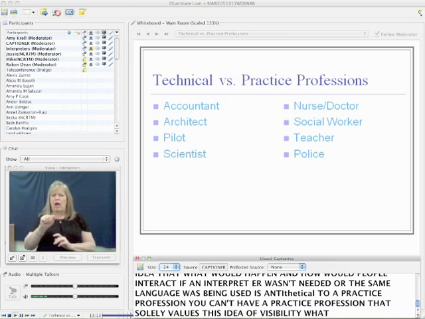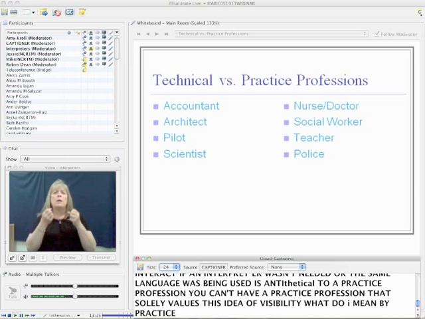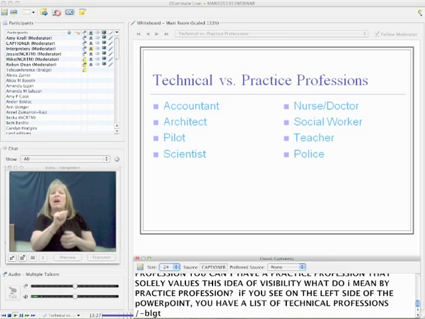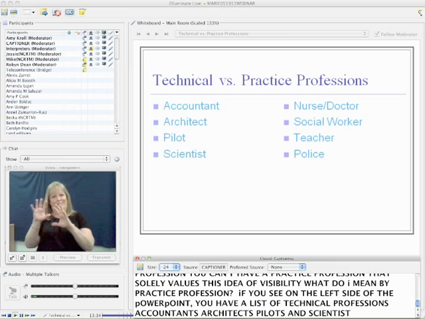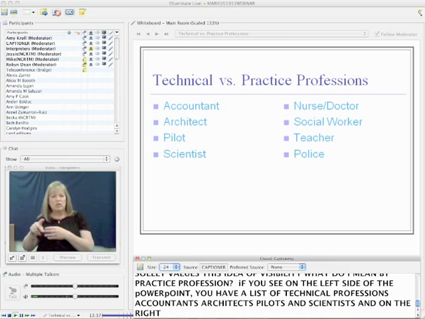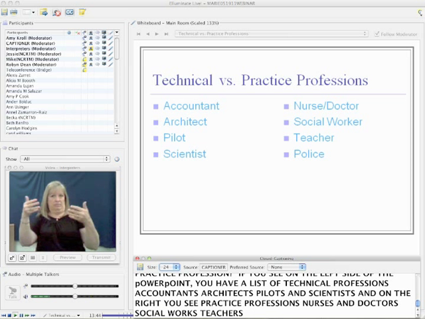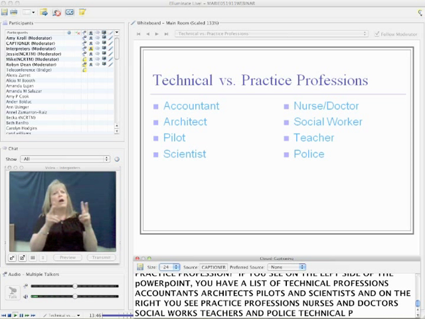Many of our publications spend time talking about the distinction that we make between technical and practice professions. If you see on the left side of the PowerPoint, you have a list of technical professions: accountants, architects, pilots, scientists. And on the right, you see practice professions: nurses and doctors, social workers, teachers, and police. Technical professions are highly respectable professions.